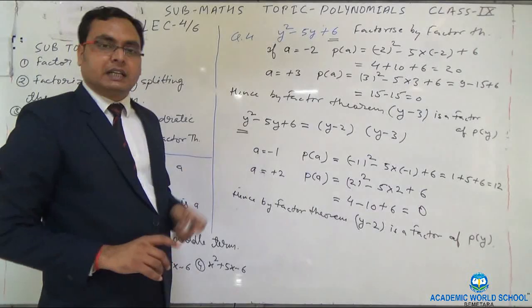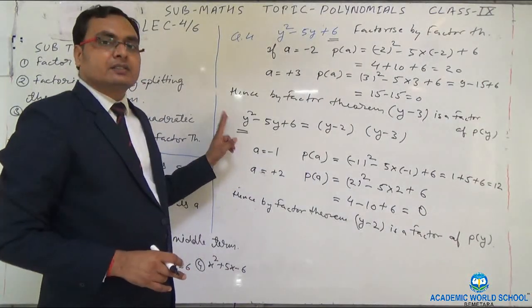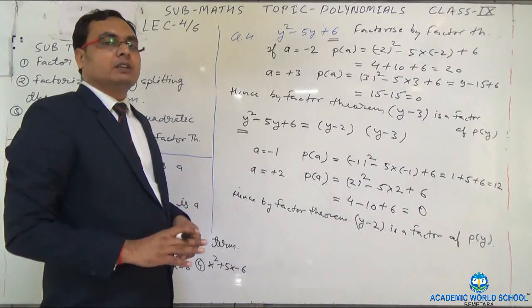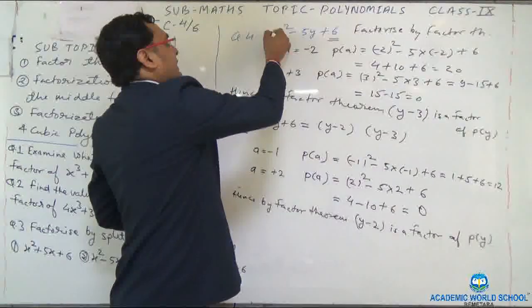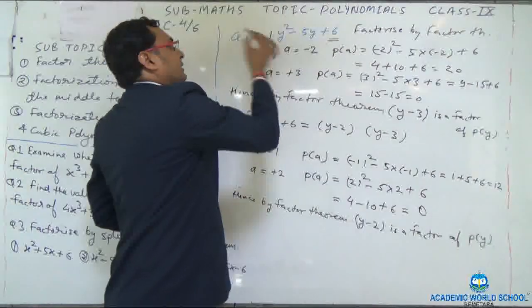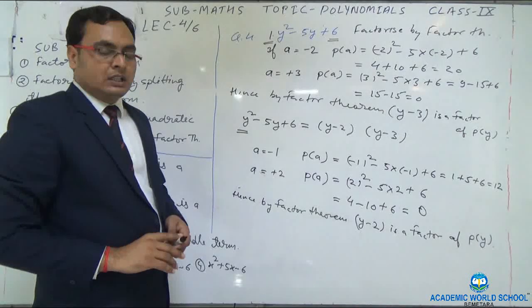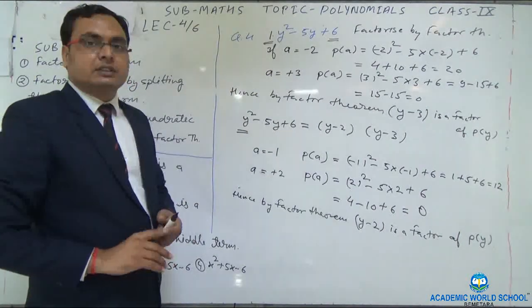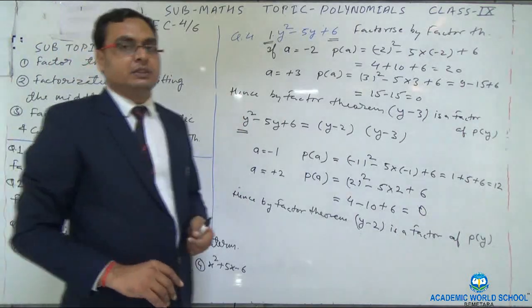Then only we will apply this factor theorem. If this coefficient is not equal to 1, then first of all we will convert the coefficient of y square into 1. Then we will apply our factor theorem. This was the factorization of this quadratic polynomial with the help of factor theorem.